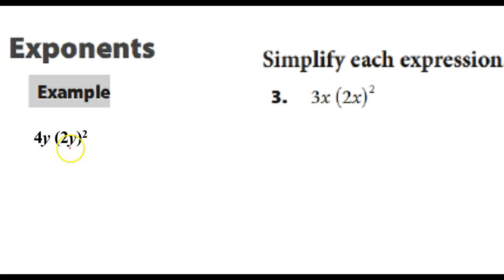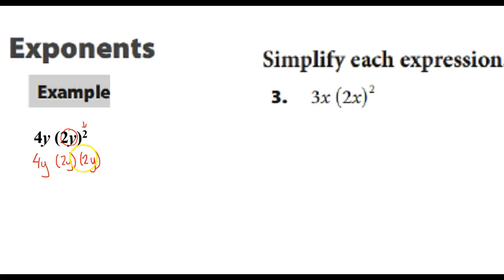We'll try one more out here so you can do number 3. So again, that's 4y parentheses 2y to the second power. So I'll write that 4y times 2y. I'm going to write that not once but twice.